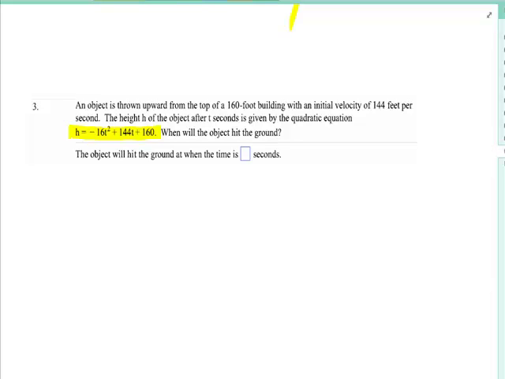You are not responsible for being able to come up with this formula. This will always be given. So the height of the object is negative 16t squared plus 144t plus 160.